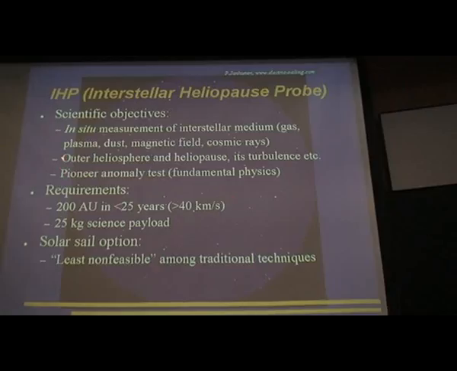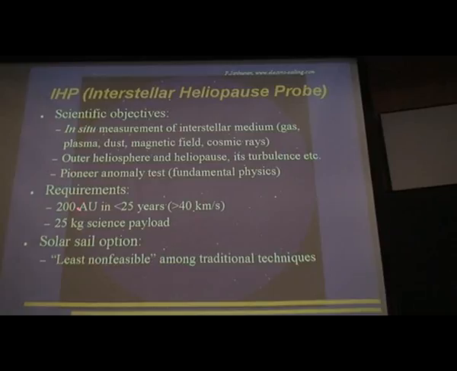The secondary objective is an overall study of the heliosphere and heliopause region and its turbulence. And a third, a scientific bonus, is the Pioneer anomaly test, which is a fundamental physics question, which requires that one flies far away.